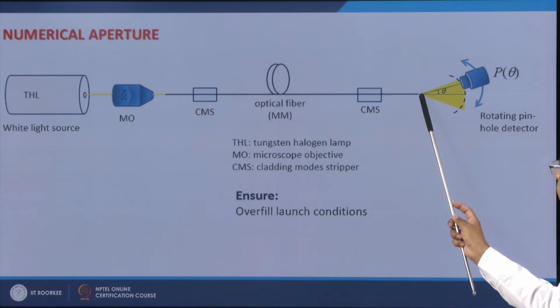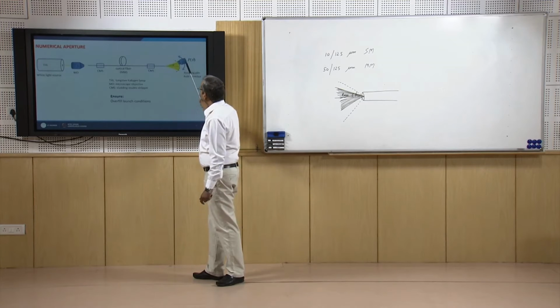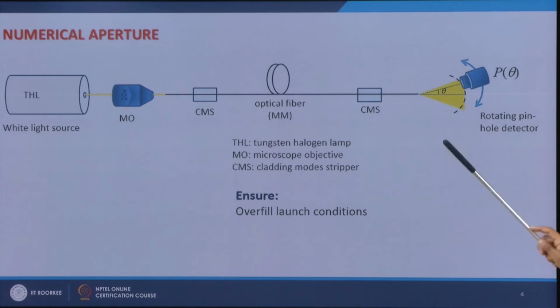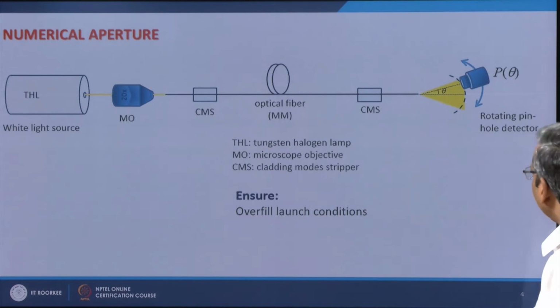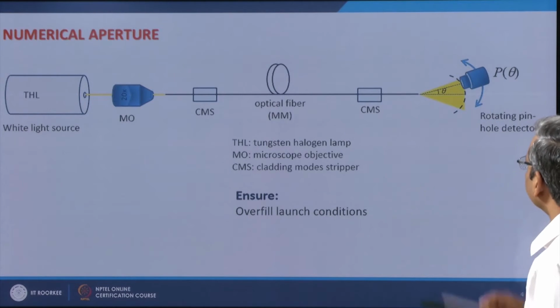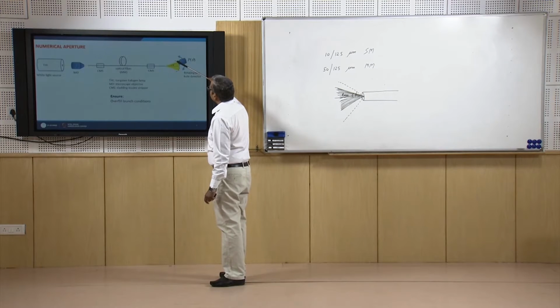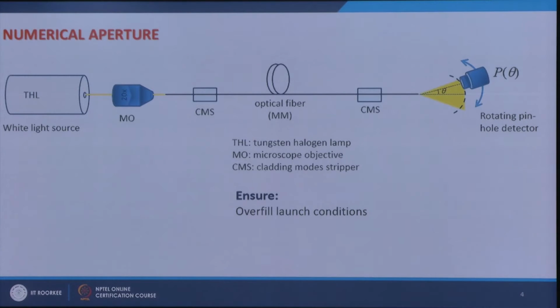So, this end should be at the center of the rotation stage, and then you rotate this pinhole detector about this center, about this end of the fiber, and at different angles you can scan the intensity or the power. So, you measure power at different angles.